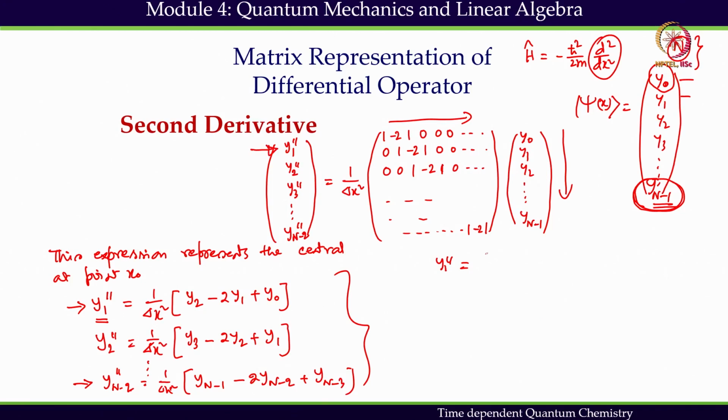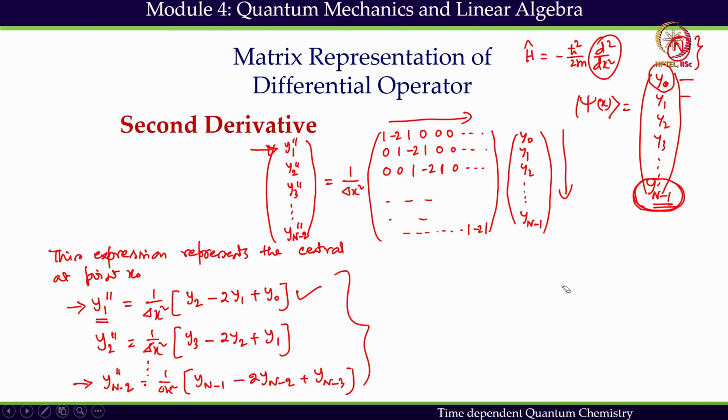That product is going to be y0 minus 2y1 plus y2, plus all the others, which are 0 because they are multiplied by 0. So in the end, I get back this expression. Of course, we have this 1 by delta x square. So each element will be equated to each element and we will get back this set of equations.